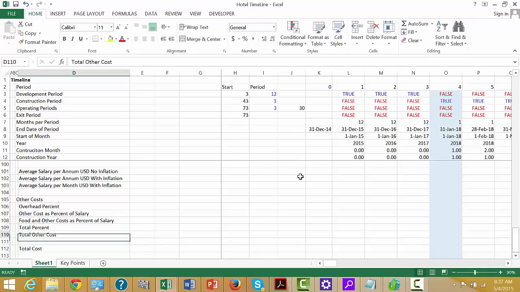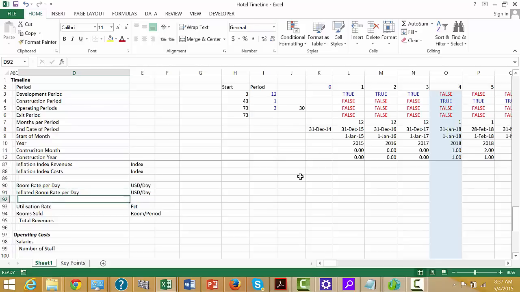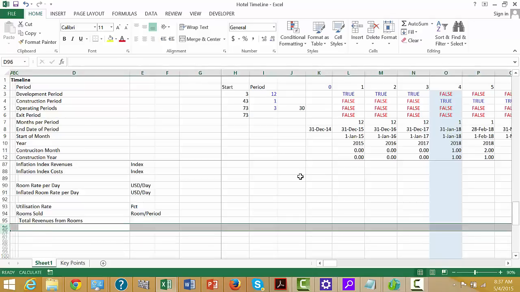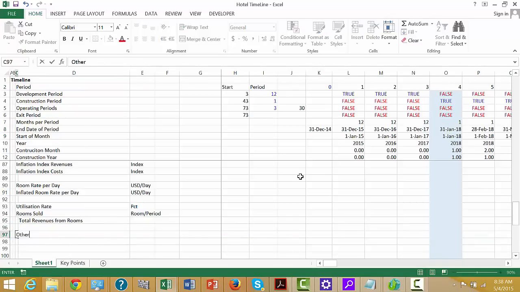And I realized we forgot something here. We have total revenues from rooms, and then we should put our other revenue percent and other revenues, and then finally total revenues.